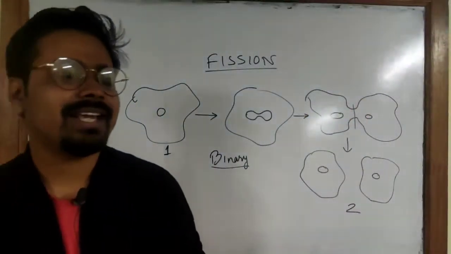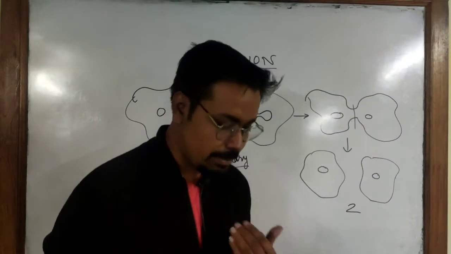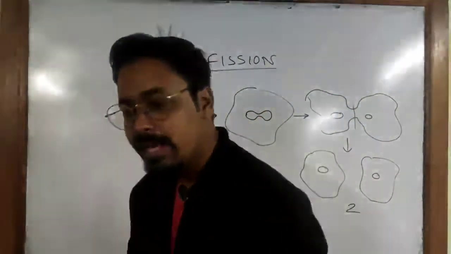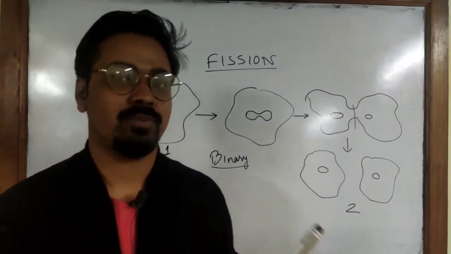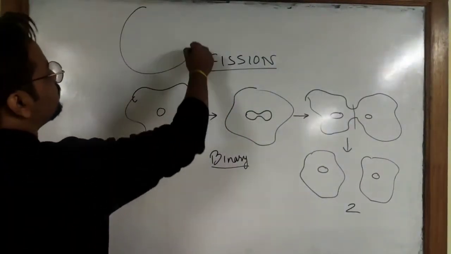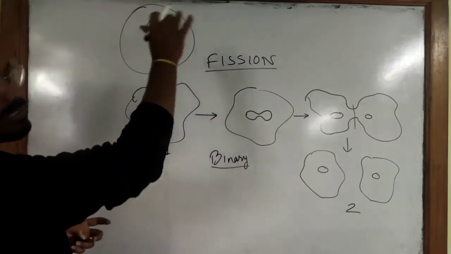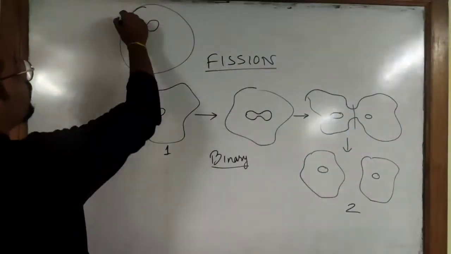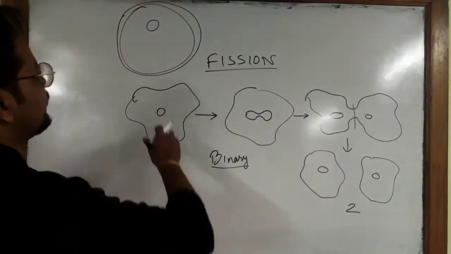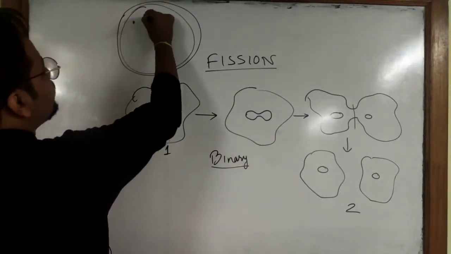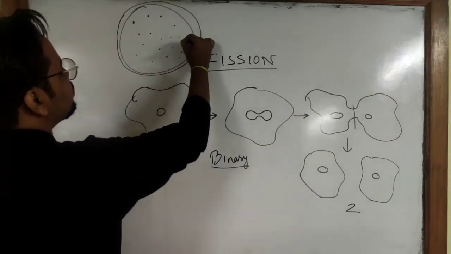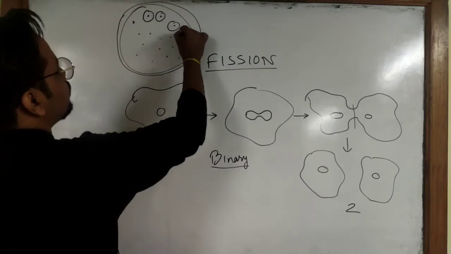Now there are some cases in which you get multiple fission. By multiple fission we mean from one single cell you can develop multiple cells, more than two. Like for example in Plasmodium, the organism that causes malaria, they have a single cell, and this single cell during their division will create a wall outside them just for protection during cell division, and this single nucleus will develop into multiple nuclei, and each nucleus will then have a cell around them.